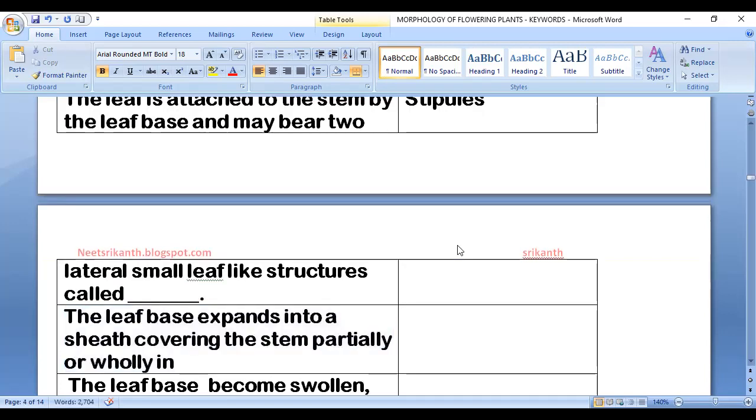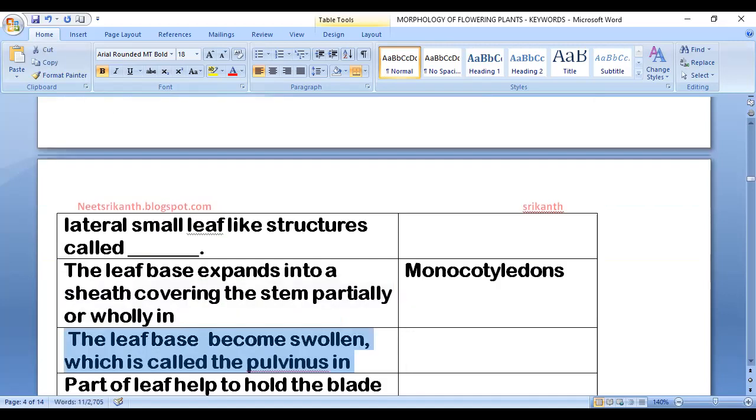The leaf base expands into a sheath covering the stem partially or wholly in monocotyledons. The leaf base becomes swollen, which is called pulvinus, in some leguminous plants.